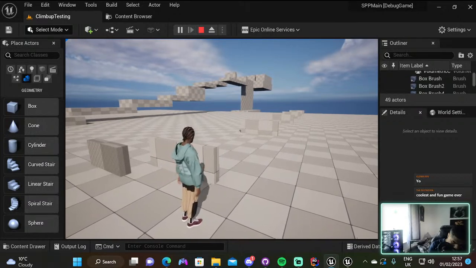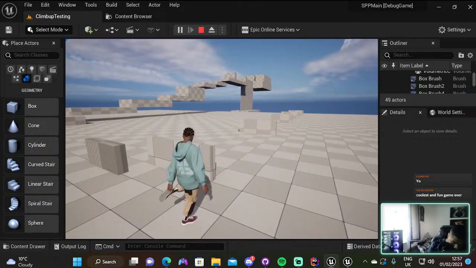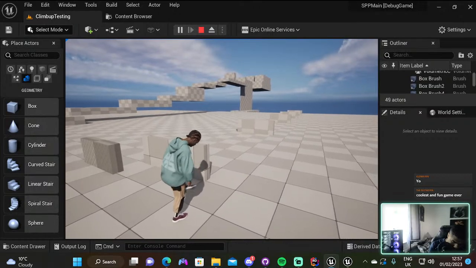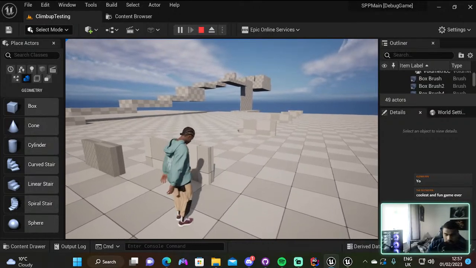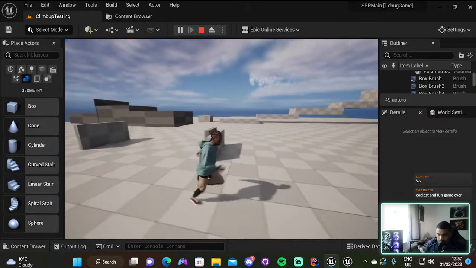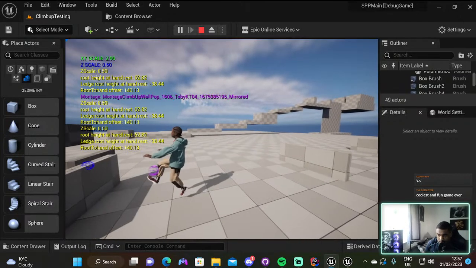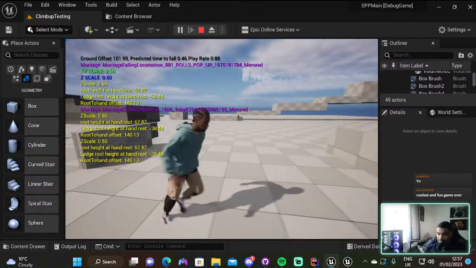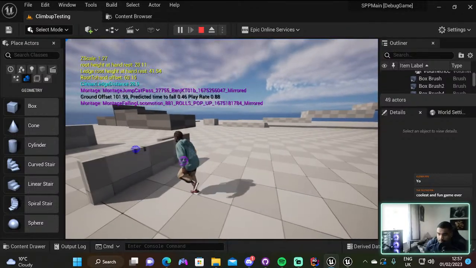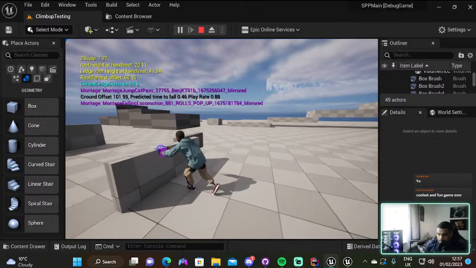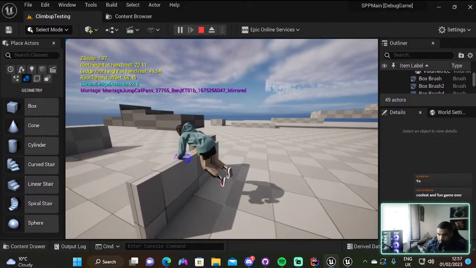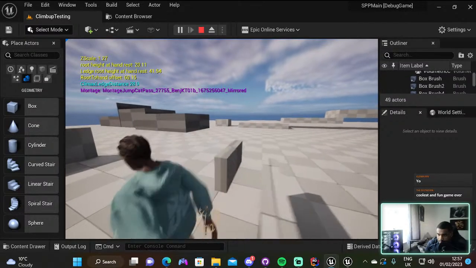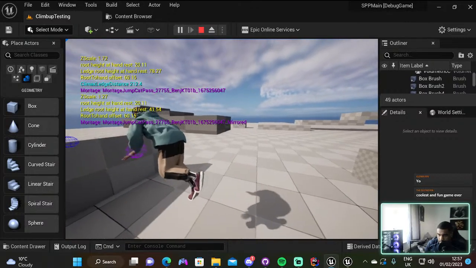Like he said, if you go to the wall, that is 172. Can you go in slow motion and see how much the hand misses? Oh, I did a climb for God's sake. I think that is another wall, right? Okay, this is 127. Yeah, this is pretty much spot on.